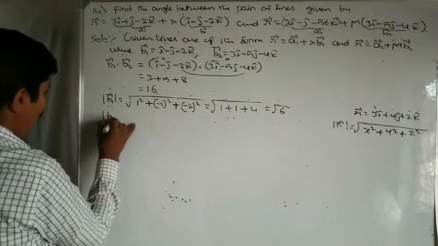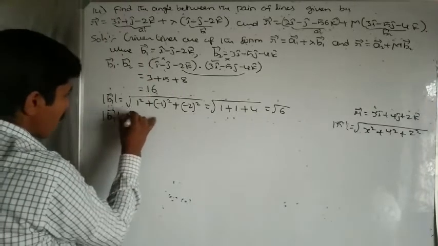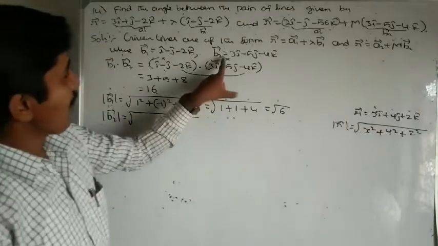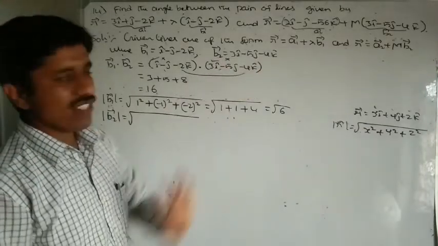Now find the magnitude of vector b2, which is 3i minus 5j minus 4k.